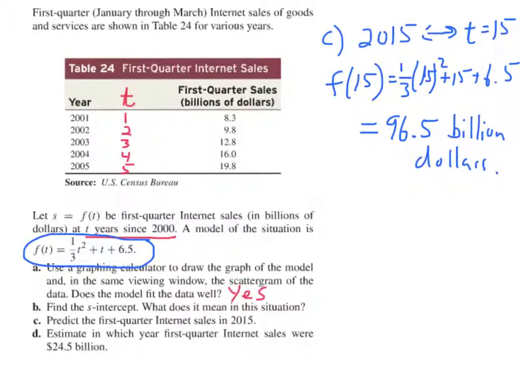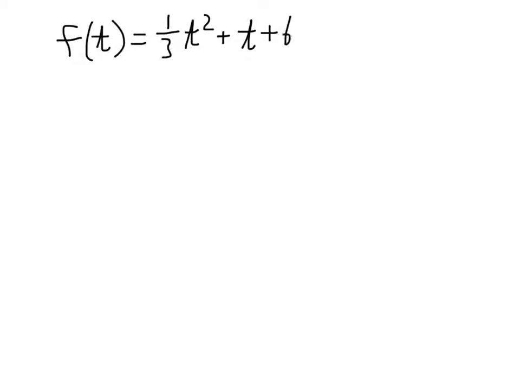Now part D asks us to estimate in which year the first quarter internet sales were $24.5 billion. That means we're going to have to plug a 24.5 in on the left side of the equation because that's the sales. So our function is f of t, which represents the sales, equals 1/3 t squared plus t plus 6.5.